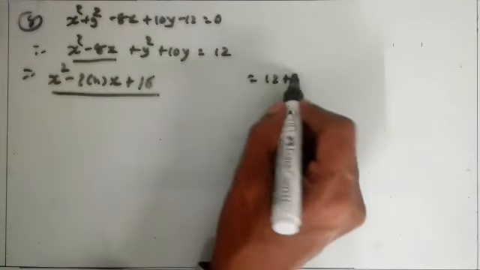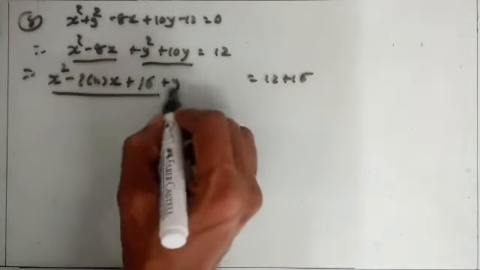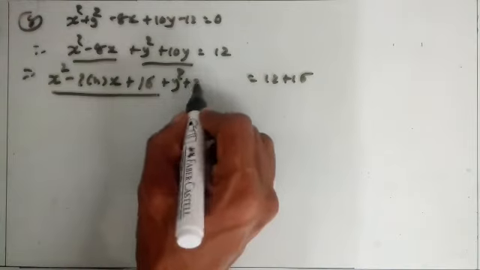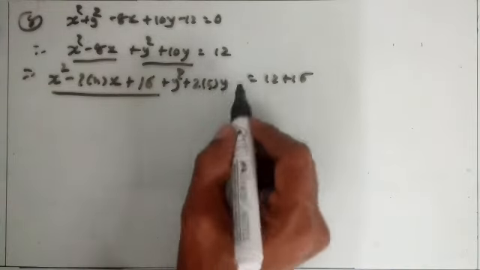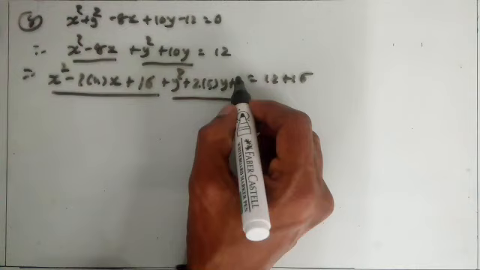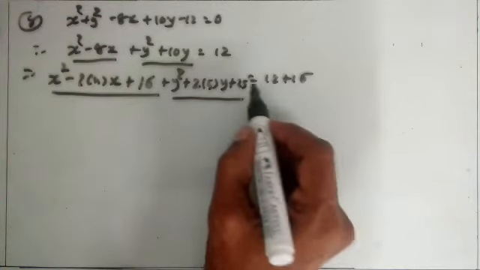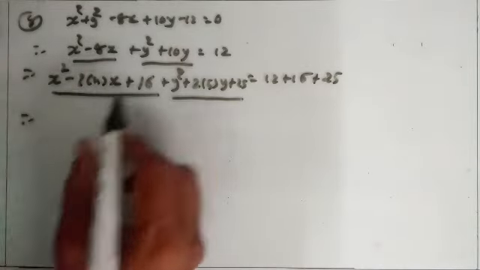So 12 plus 16. Similarly for y^2 + 10y, taking out 2, so 2 into 5 into y, add 5 squared to make it a perfect square. 5 squared is 25, add on both sides. Clear? Therefore this becomes a perfect square.